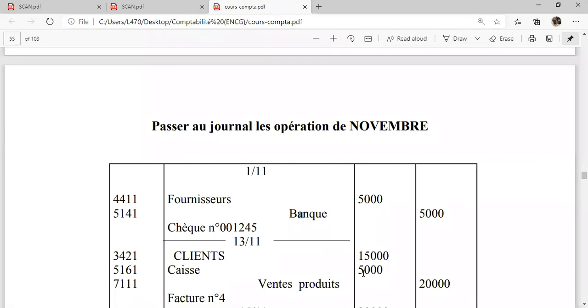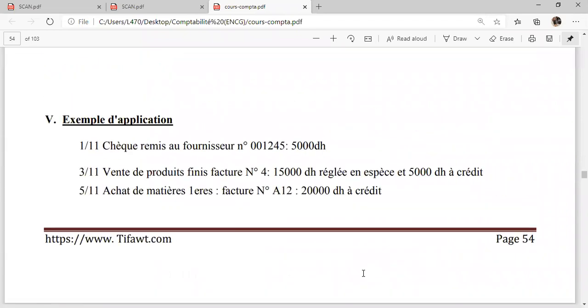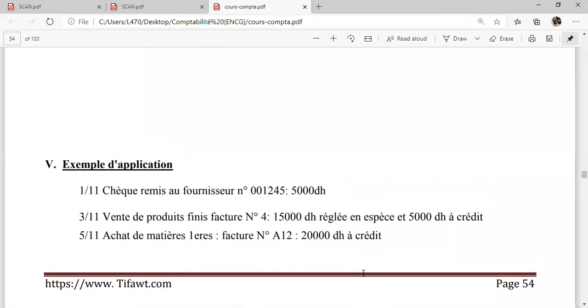Repeat, please. You can carry the page. Okay, so drawing onto the transaction again, it reads "vente de produits finis, facture", a certain amount, "réglé en espèces", a certain amount, "à crédit". So here we have three things happening.